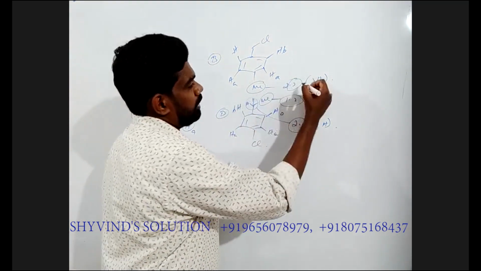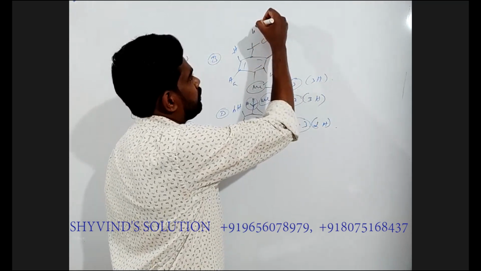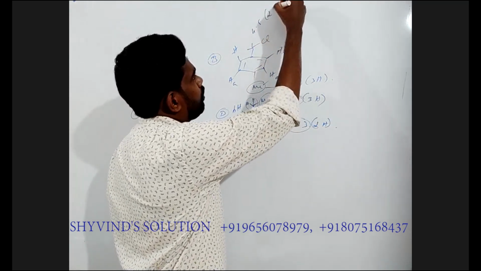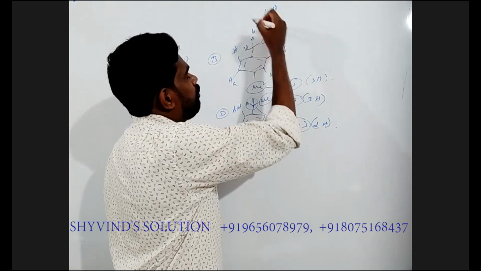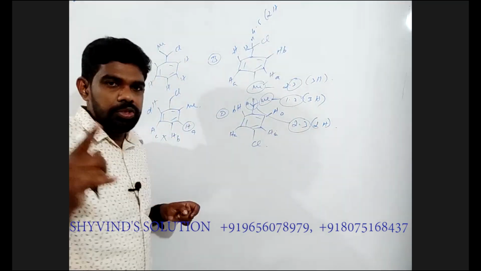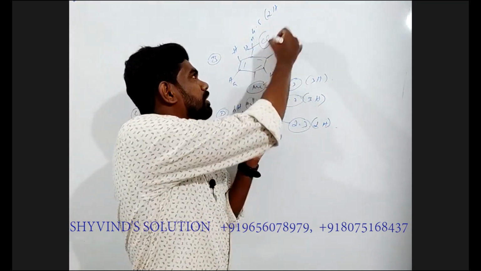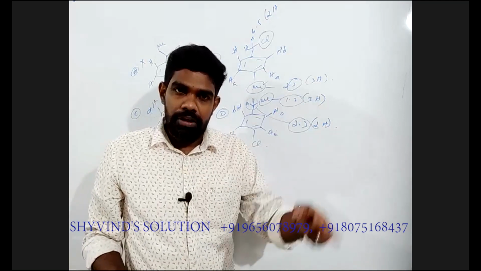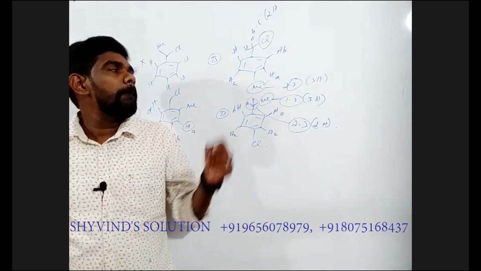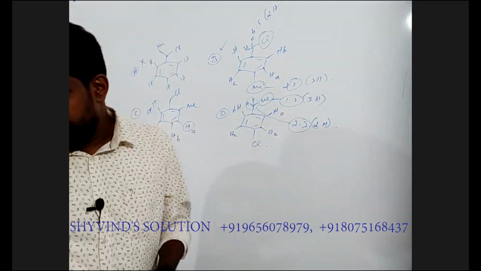We have 2.3 for 3 hydrogen, that is matching for this one, and we have 4.5 for 2 hydrogen. These 2 hydrogens will have a 4.5 value because the benzylic is 2 point something, 2.3 will be for benzylic, and because of the presence of this chlorine, its value will increase. So option B will be the correct answer. That is the answer.